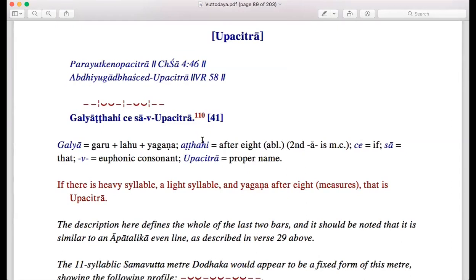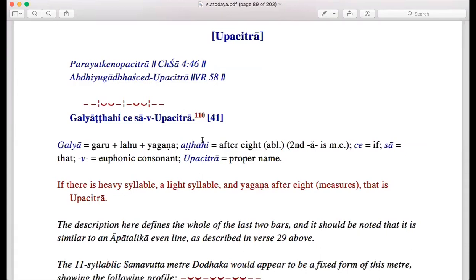Sorry, Bante. Yes. Can we consider only the gana after eight measures? We need not consider the heavy syllable and light syllable and gana. We just consider ganas after 8 measures. Can we consider only having a bhagana and jagana?